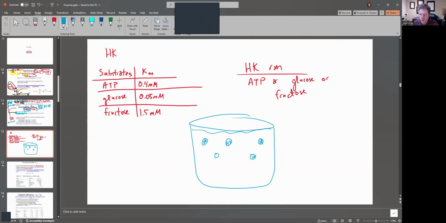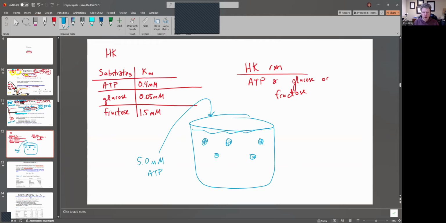Hexokinase is in. And in this beaker, we add 5.0 millimolar ATP. Yes or no, does this enzyme have enough ATP to catalyze its reaction? Not asking about speed, but does it have enough ATP to run the reaction? It does.